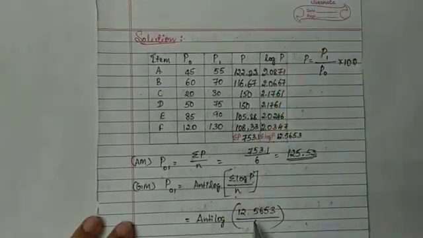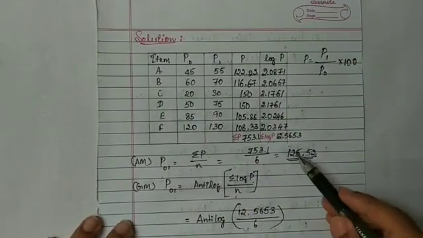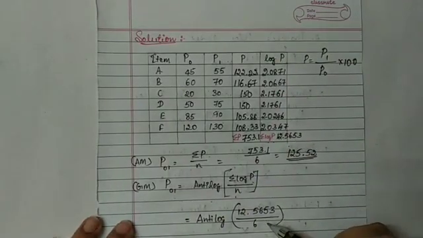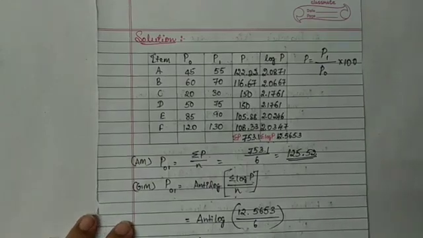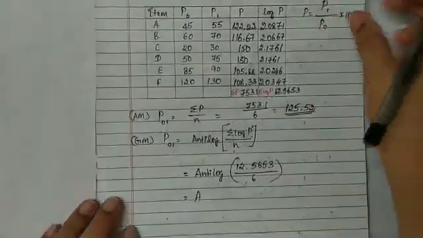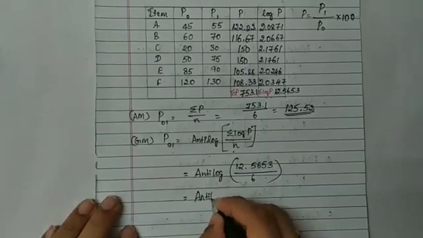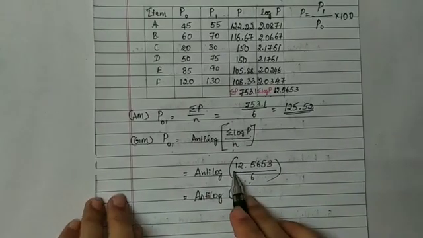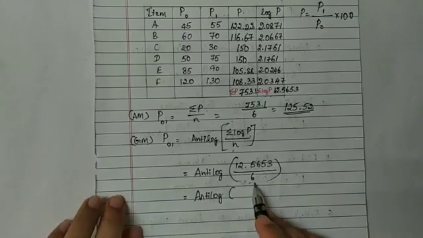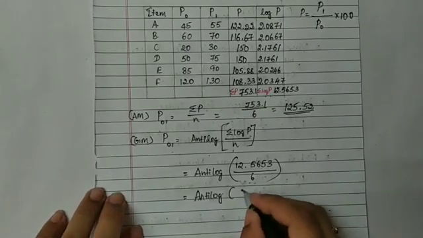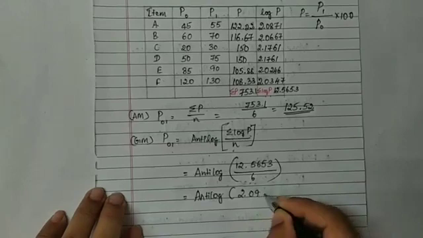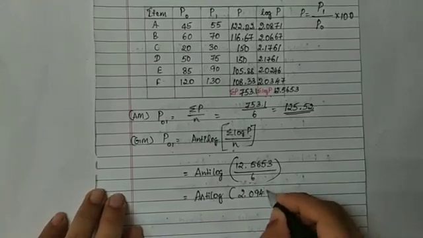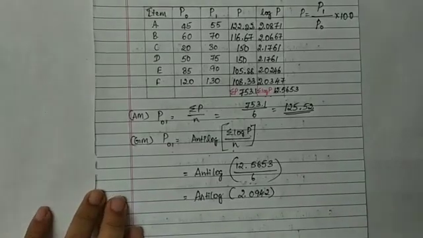Antilog of 12.5653 divided by n, which is 6. The amount is 2.0942.